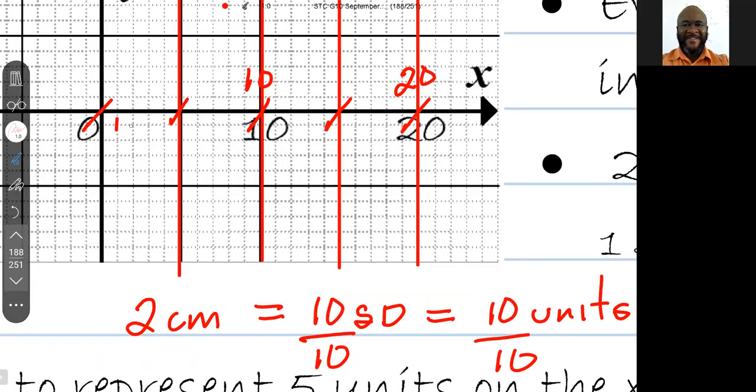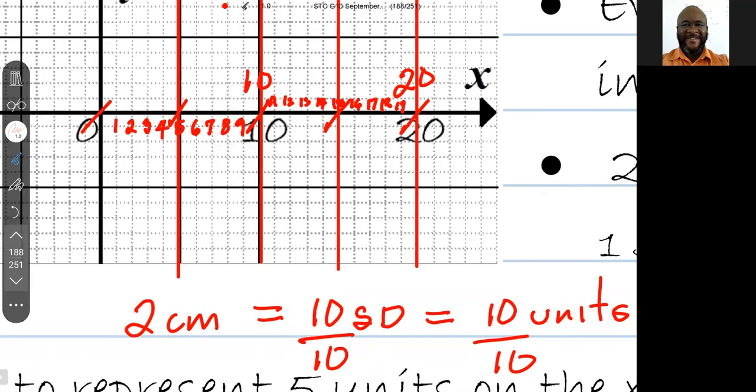So this is 1, 2, 3, 4, 5, 6, 7, 8, 9, and then 10, then 11, 12, 13, 14, 15, 16, 17, 18, 19, and then 20.